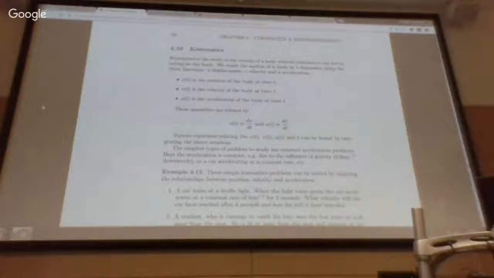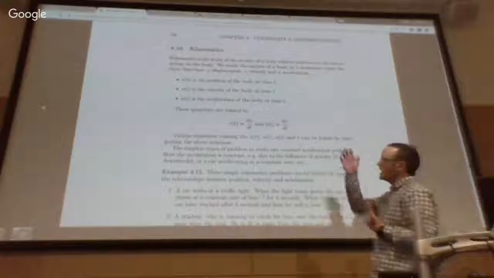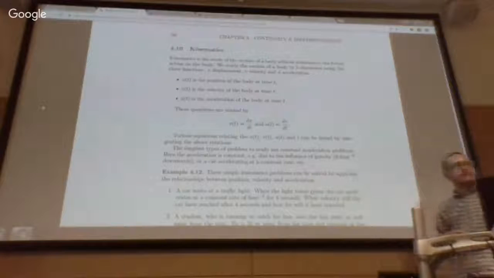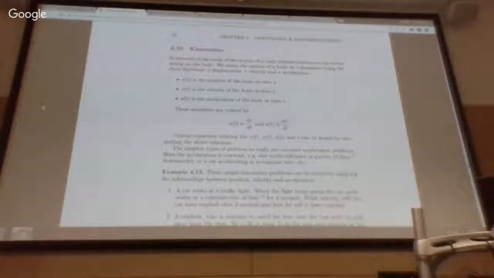The relationship between these three fundamental quantities is through the derivative, or if you like, through integration, depending on which direction you're going.